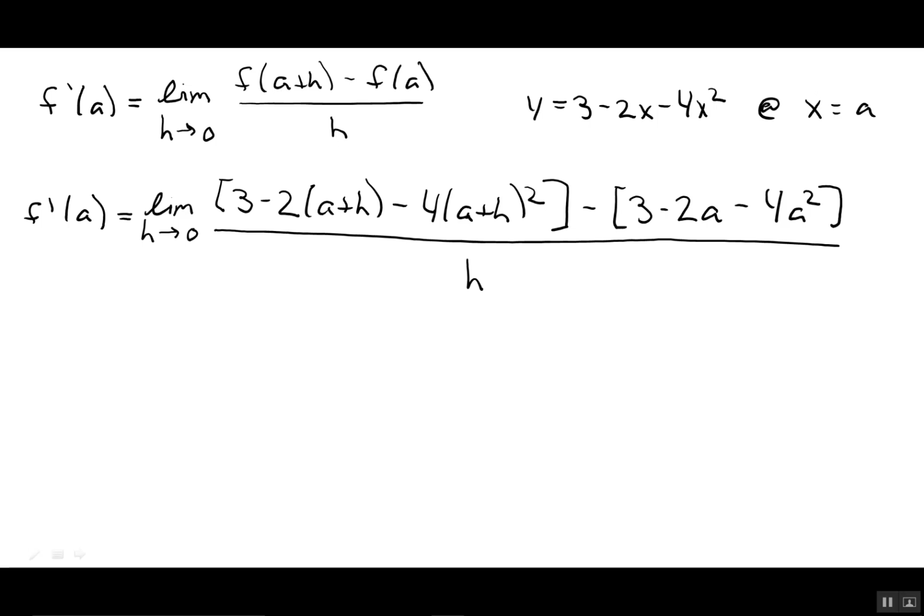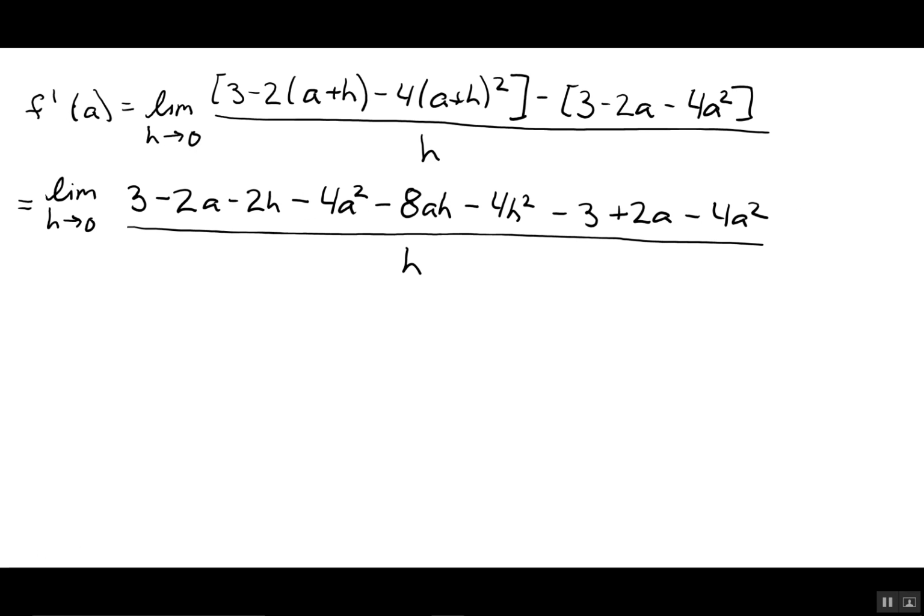So let's apply this formula for our polynomial at x equals a. What I do is I plug this polynomial in for f evaluated at a plus h, and anywhere there's an x, I put in a plus h. So that's this part right here. Then I plug in this function for f evaluated at a, where anywhere there's an x, I put in an a, divided by h. So the next step is to expand this out and simplify this expression and see what we get.